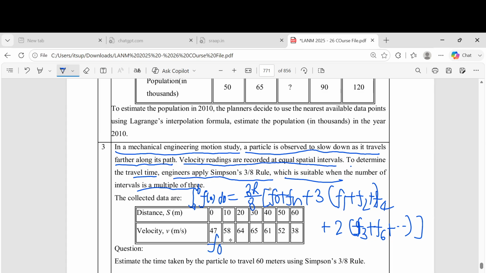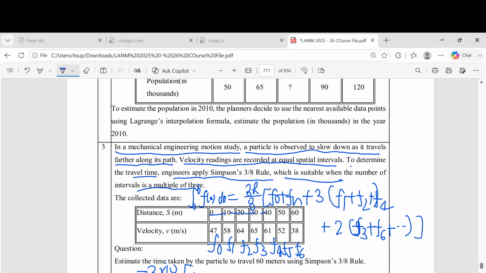This is f0, f1, f2, f3, f4, f5, f6. So we use them here. 3h, what is the value of h? It is 10, the differences are 10. So this is 10 by 8.